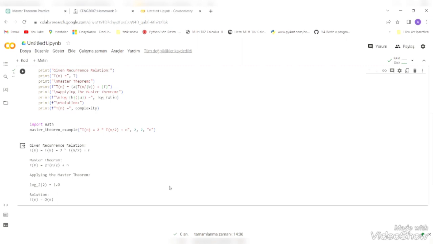The script is a handy tool for applying the master theorem to analyze the time complexity of recursive algorithms. If you have any questions or if there is anything specific you would like to explore in the future, feel free to let me know.